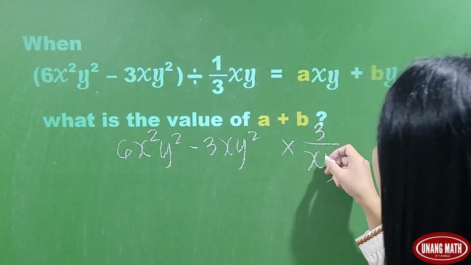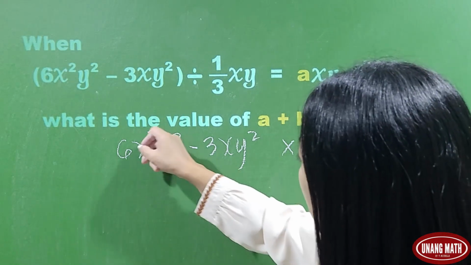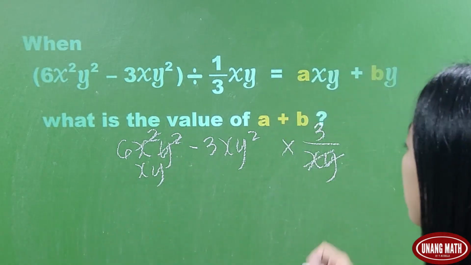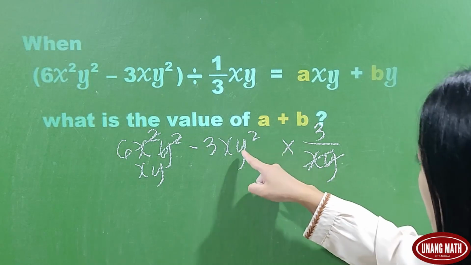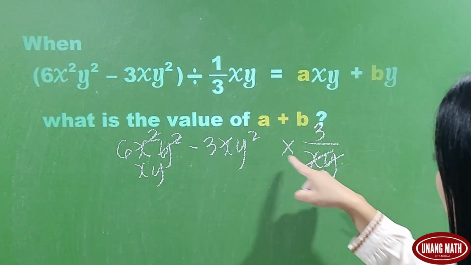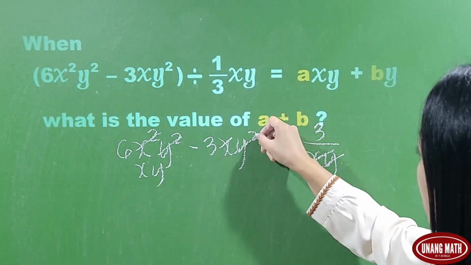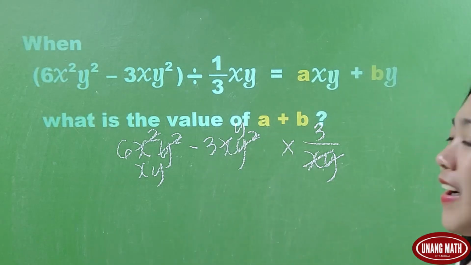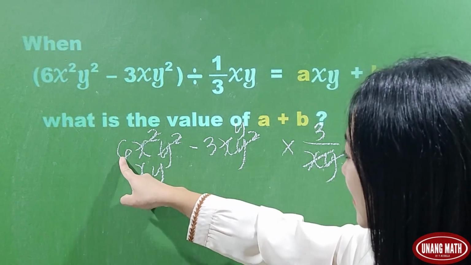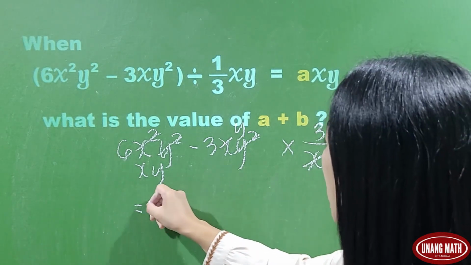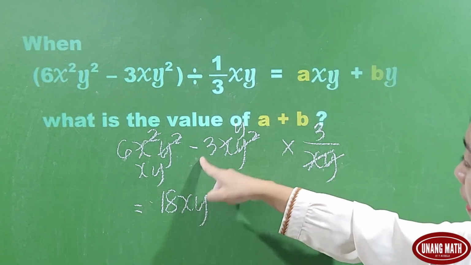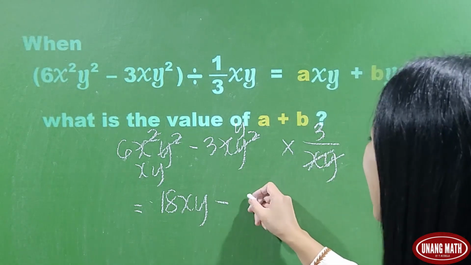So this x, y, x squared and y, so this now becomes xy. Okay, what about x, y squared, and then xy? So this will be cancelled. So this is equal to 1, y squared divided by y. So this now becomes y. Okay, now let's multiply. This is 3 times 6 times xy. Then this is now equal to 18xy. And then negative 3 times 3, that would be negative 9.